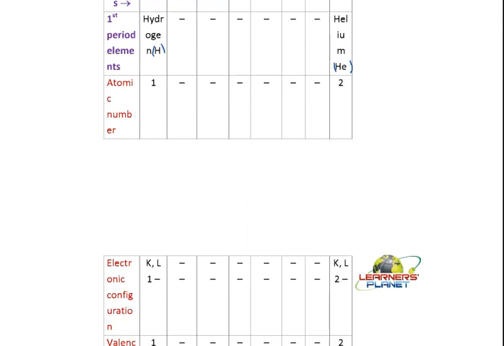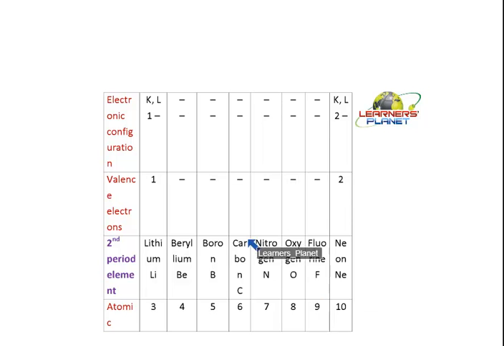In the K shell, hydrogen has 1, and in the L shell there is no electron, whereas helium has 2 electrons in the K shell and none in the L shell. Now let's check out the valence electrons. So how many valence electrons are there?